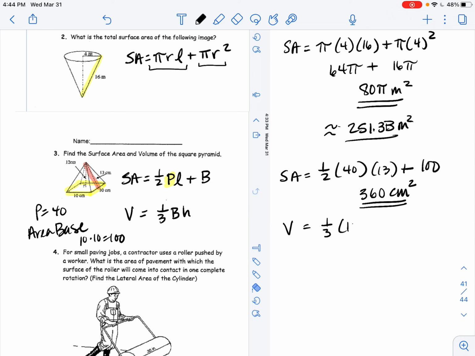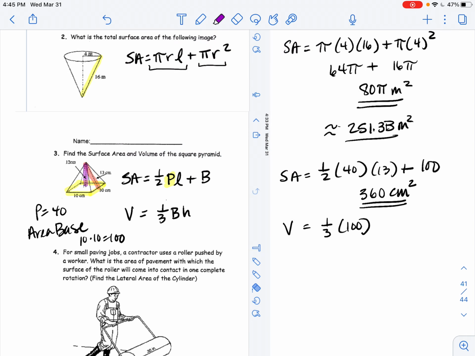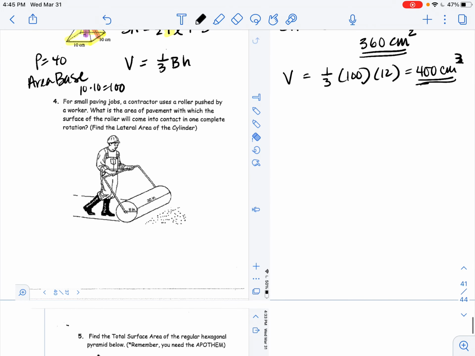Now the volume is 1/3 area of the base, which we've already figured out is 100, times the vertical height. So the vertical height in this case is going to be 12. And so this is times 12. So 1/3 times 100 times 12, this is going to give me 400 centimeters cubed, sorry about that, volume.